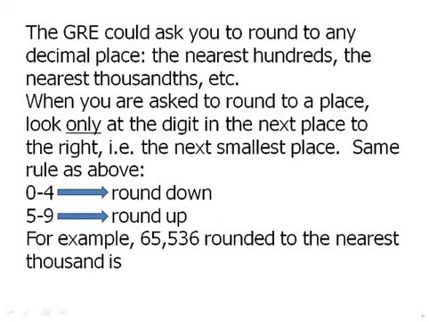For example, 6,536. If we're going to round this to the nearest thousand, well, we look at the number in the next place, the hundreds place. That number is a 5, so we're going to round up. And so that means it gets rounded up to 7,000. That's the nearest thousand.